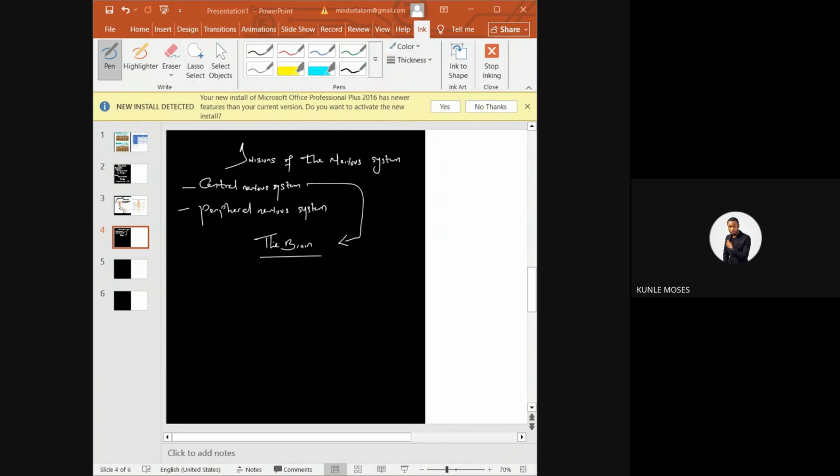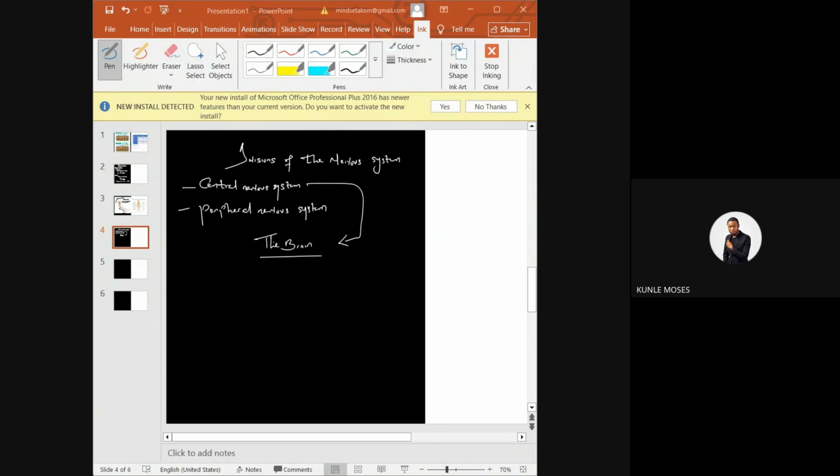The voluntary actions are the actions you can decide on, like walking, writing, talking, playing football, dancing, eating and all. So it's the brain that controls that also. The involuntary actions are the ones that work without your conscious thinking. For example, your heart beating.